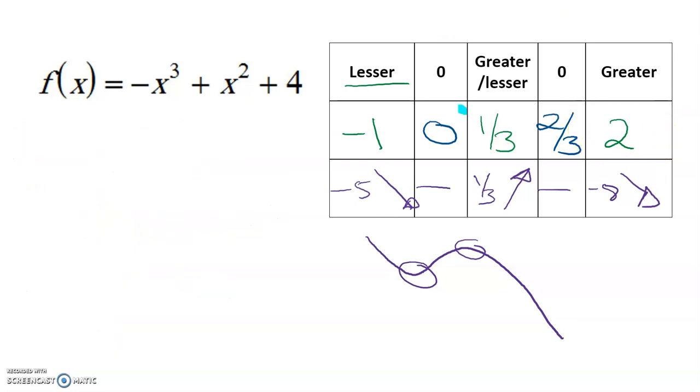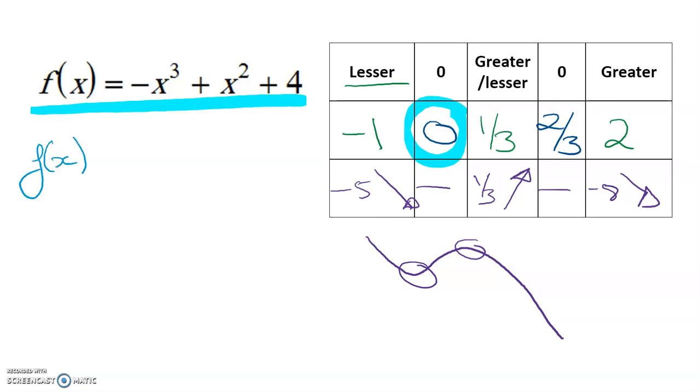So let's find the first stationary point. So we know x equals 0. Because we've already used the slope and we want the actual value according to the original function, we need to substitute into the original function. So f of x, or your y value, is just going to be 0 plus 0 plus 4. So your first stationary point there is at 0 and 4.